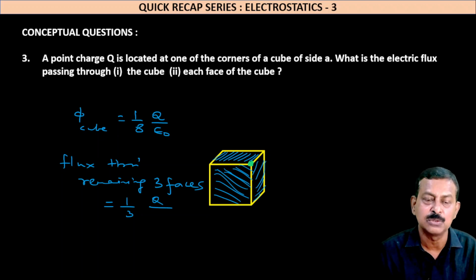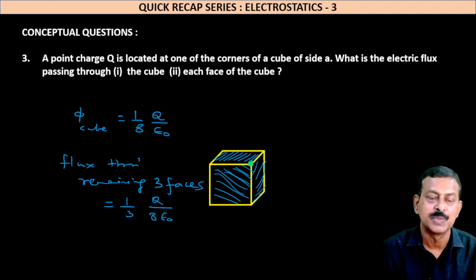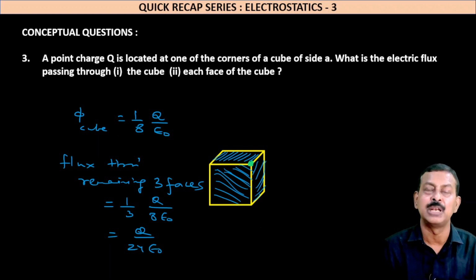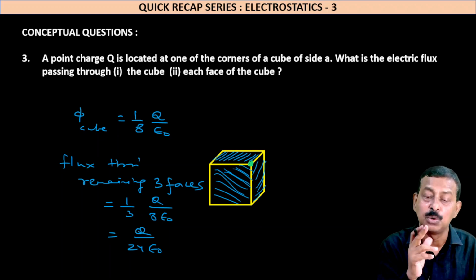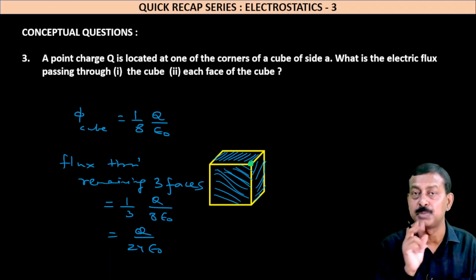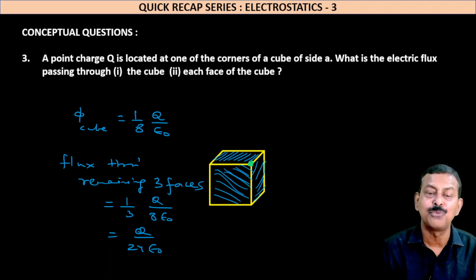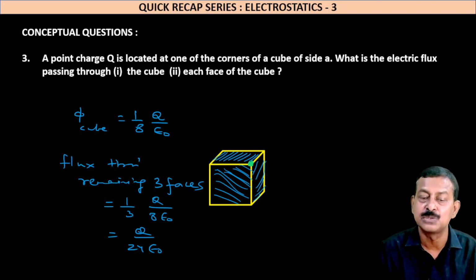So it is Q by 8 epsilon naught divided by 3, that means Q by 24 epsilon naught. That will be the flux through each of the remaining 3 faces which are not adjacent to this particular corner, whereas the flux through the faces adjacent to this corner will be 0.